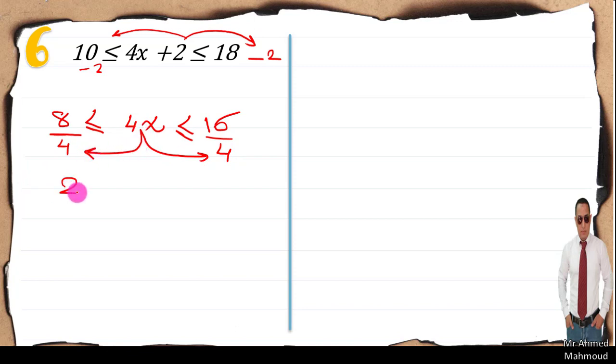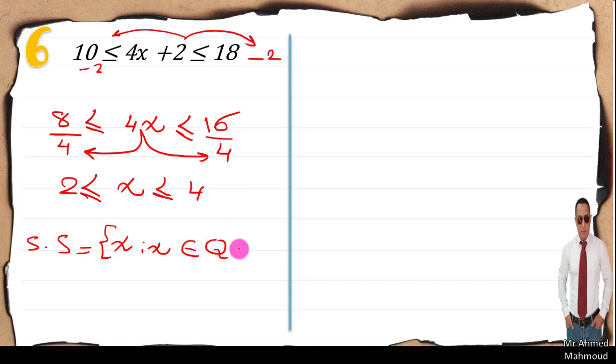So it is 2 less than or equal x less than or equal 4. The solution set: x such that x belongs to Q and 2 less than or equal x less than or equal 4.